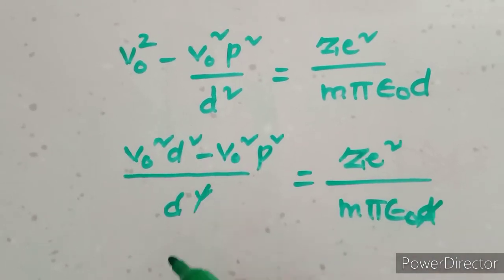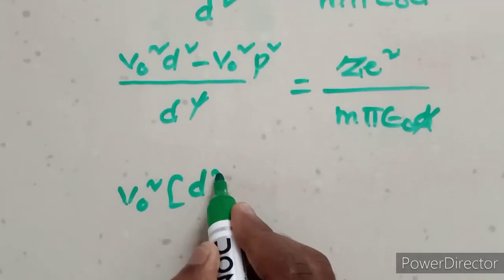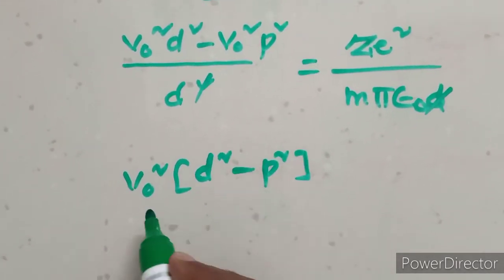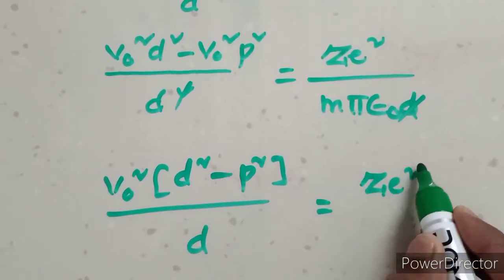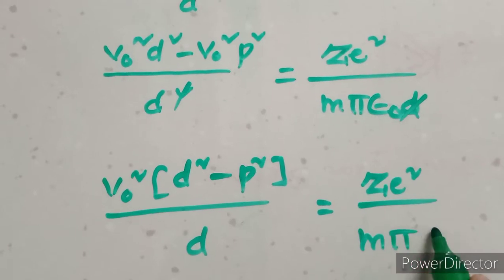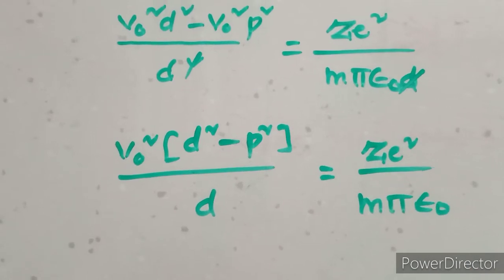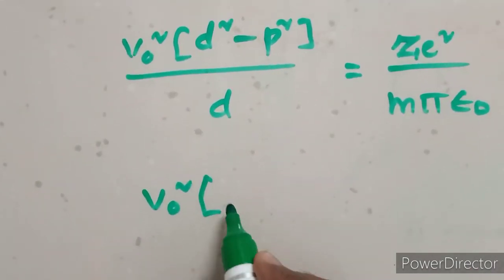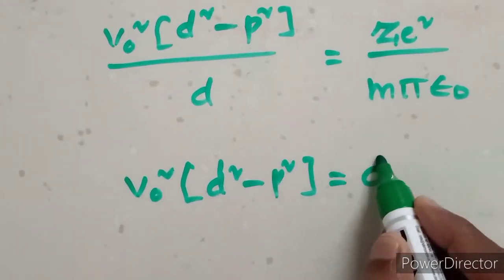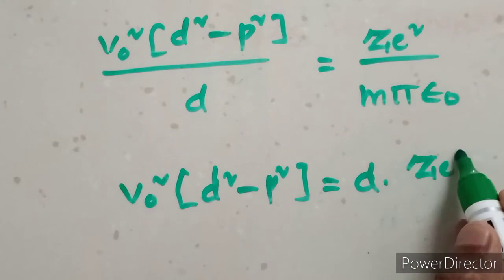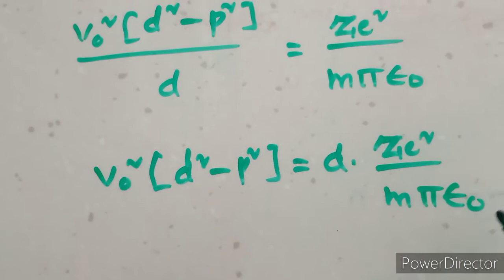Here d square cancels, remaining v naught square is common: v naught square into d square minus p square upon d equals Ze square upon m pi epsilon naught.